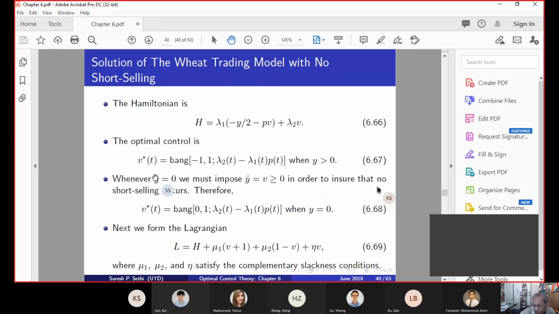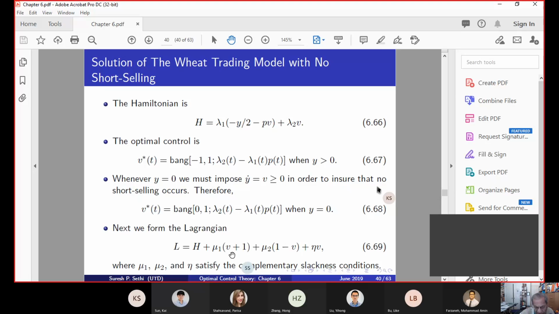In order to ensure that no short selling occurs, our bang-bang control has to go from 0 to 1, because we cannot sell when y is 0. We can only buy, so we can only buy from 0 to 1, according to this quantity, when y equals 0.